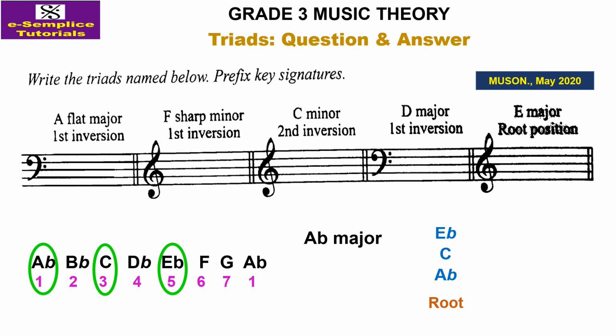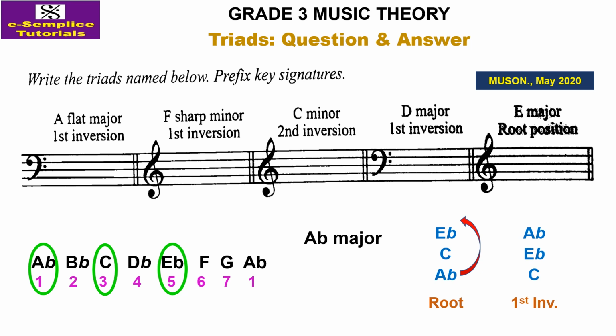We are being asked to write A flat major triad first inversion. So that means the root has to go up, and then we will now have our first inversion. C is now at the base, so we'll be having C, E flat, and A flat.